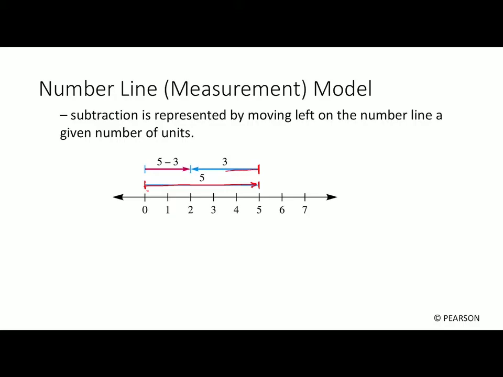So we move left 3 in this case. And I'm counting 3 units, so if they need to, they can come down here and count 1, 2, 3. And where I end up here is my answer to the subtraction problem. So 5 minus 3 must be equal to 2.